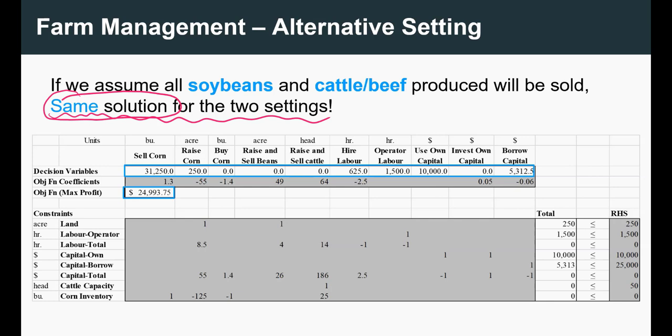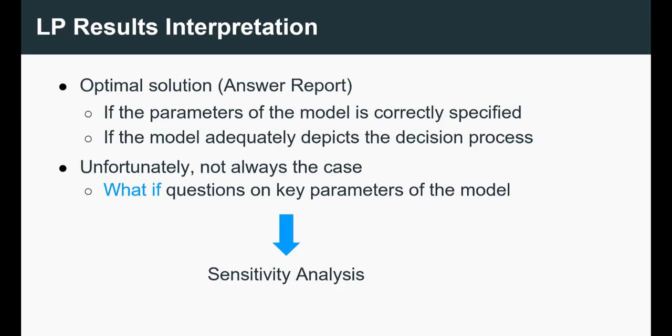Everyone might have a different way of setting up the problem in his or her own mind, and it is possible that one person sets up the problem differently than another person, and that is totally normal. But if you do set up your problem the right way, or logically, then you should end up with the same solution.